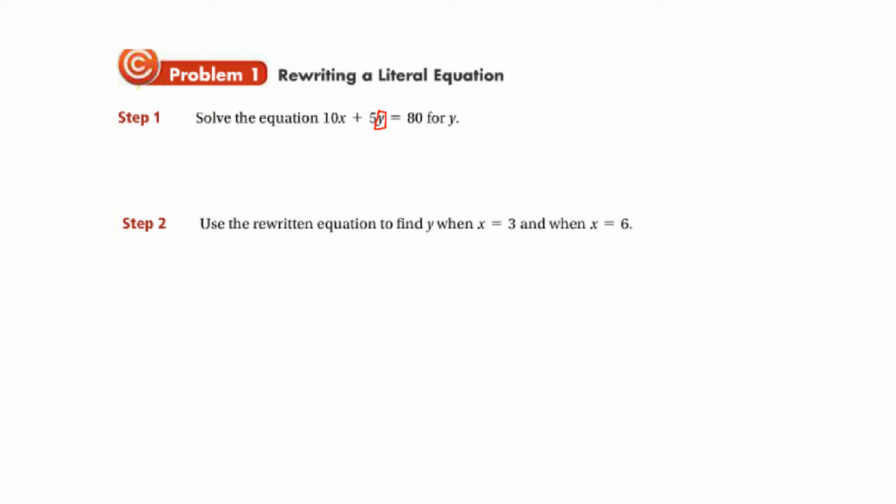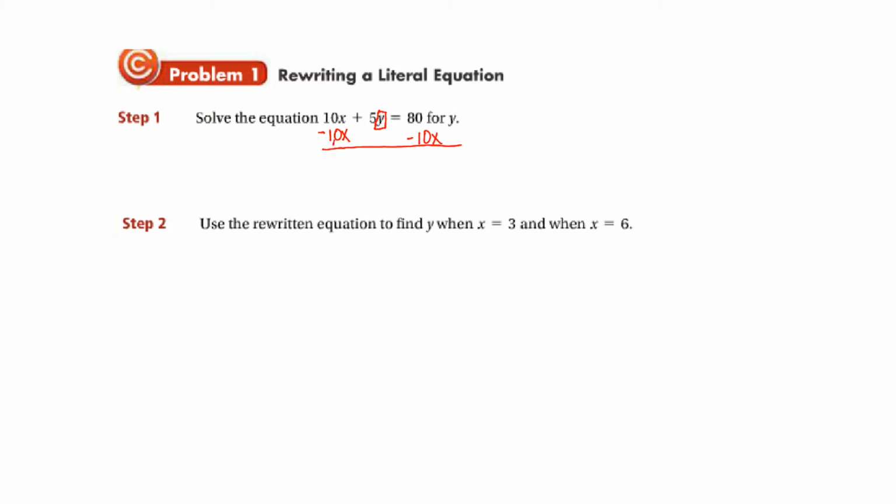So if I follow my steps for solving an equation, I'm going to get rid of anything that I can undo by addition or subtraction first. So I've got the 10x on the same side as the 5y. So to undo this 10x, I would need to minus the 10x. And if I minus it on this side, I also have to minus it on the right side.